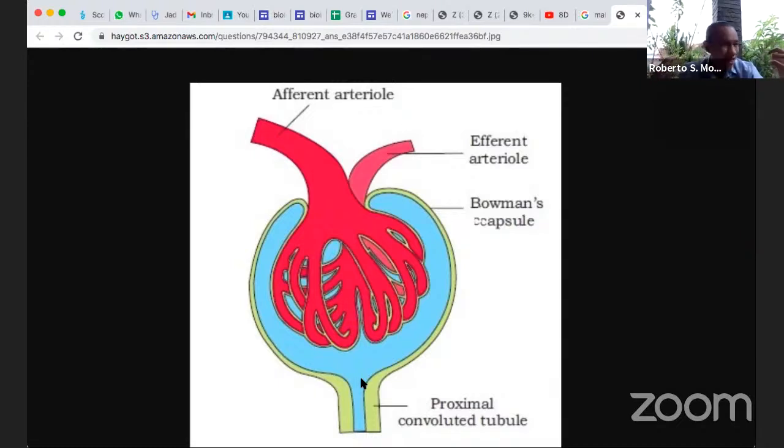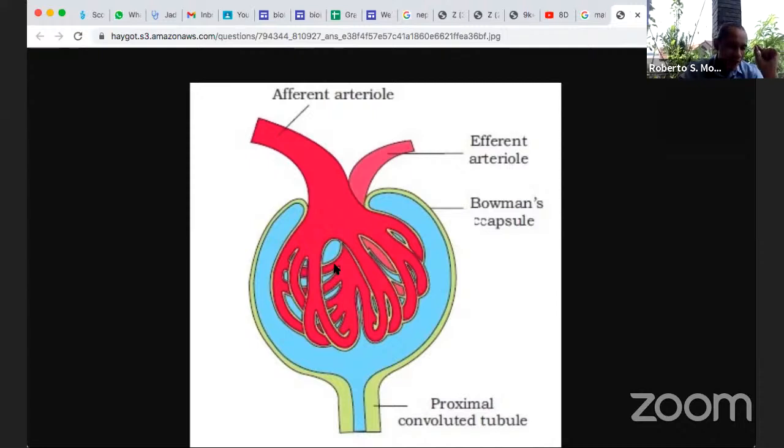Okay, blood vessels, and you can notice that the blood vessel here is larger than the ones inside. It's actually one arteriole, no, wrong pronunciation, larger arteriole, okay, while we have here smaller capillaries.